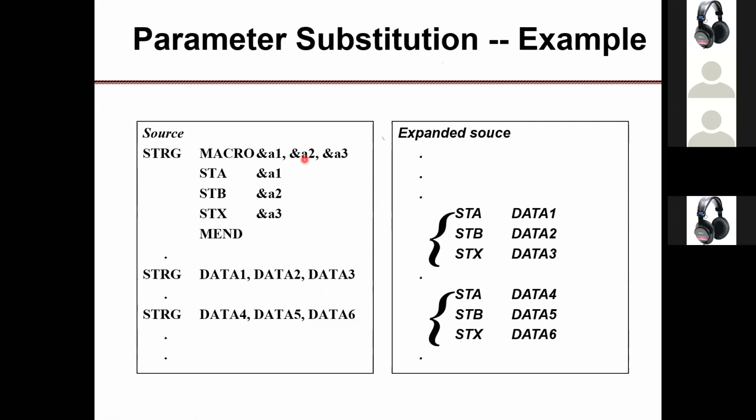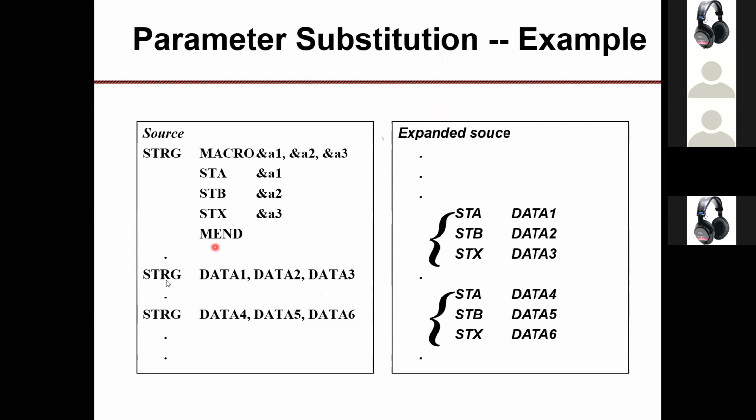We would define those symbols after the ampersand, and then use them in place in the code instead of DATA1, DATA2, DATA3 like we saw before. We would use this nomenclature, this replace-me symbol, and this replace-me symbol, and this replace-me symbol instead of DATA1, DATA2, DATA3.